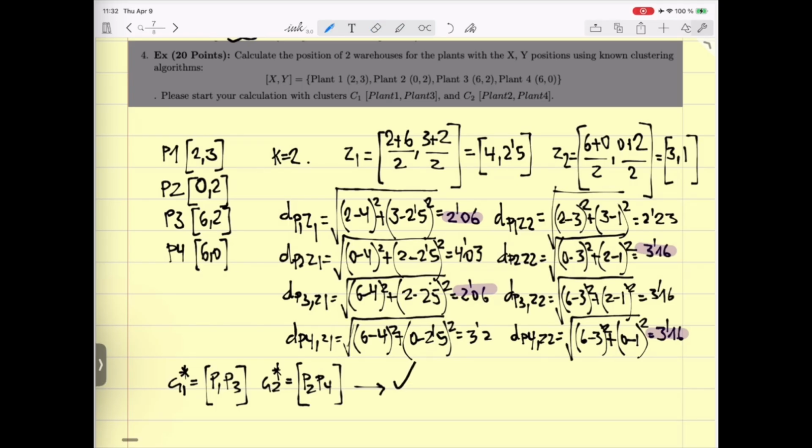Groups remain constant. Okay. And the centroids remain.